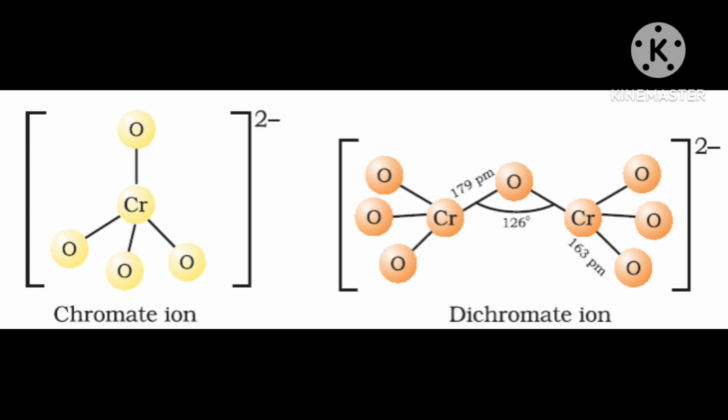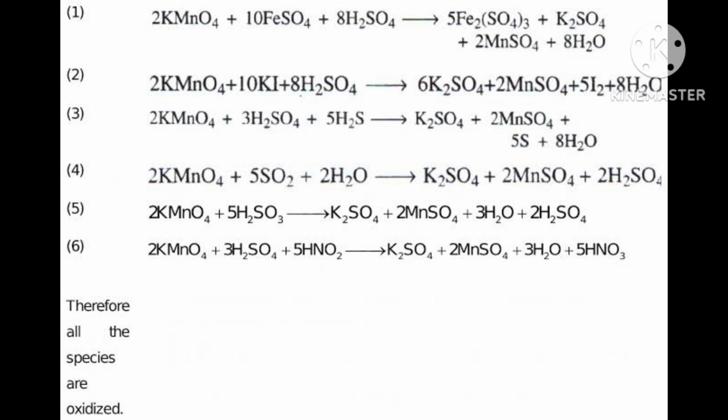Means at normal temperature only 6.4 gram of potassium permanganate will dissolve per 100 gram of water. If you take extra, then it will settle down.